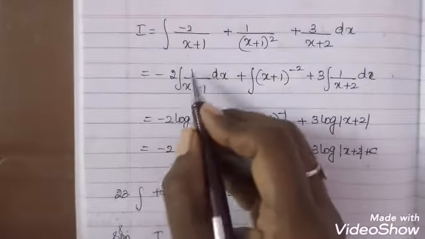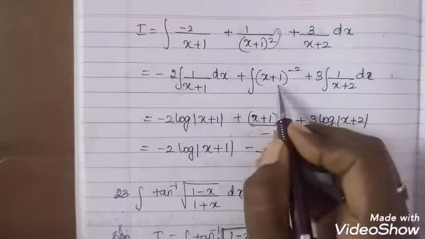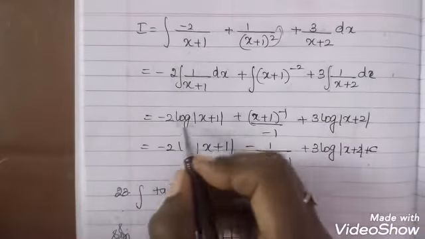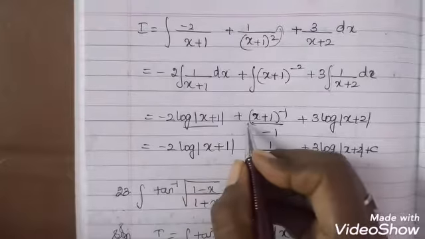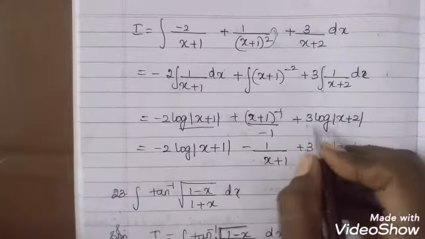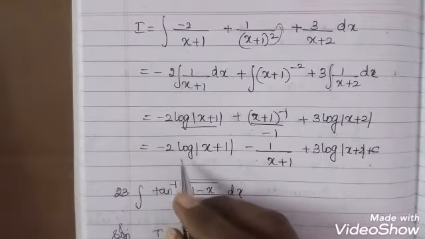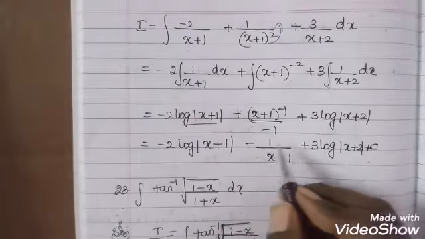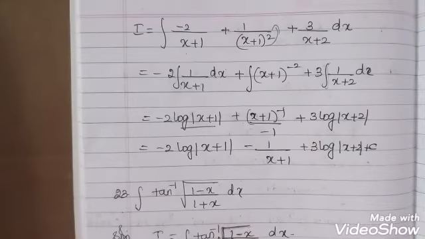That is equal to minus 2 into log of mod x plus 1, plus x plus 1 the whole power minus 1 divided by minus 1, plus 3 into log of mod x plus 2. Which is equal to minus 2 into log of mod x plus 1, plus, into minus, minus 1 by x plus 1, plus 3 into log of mod x plus 2, plus a constant.